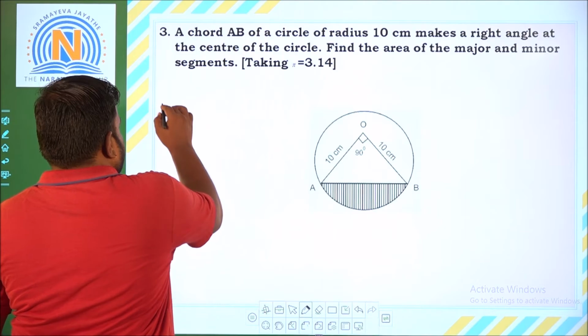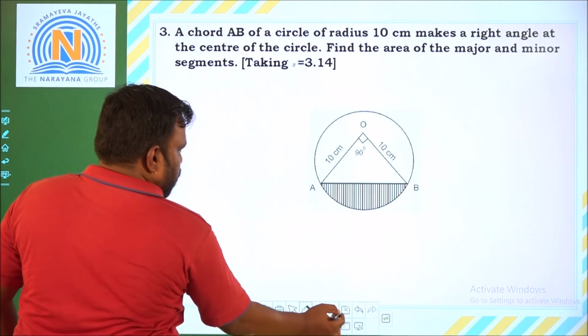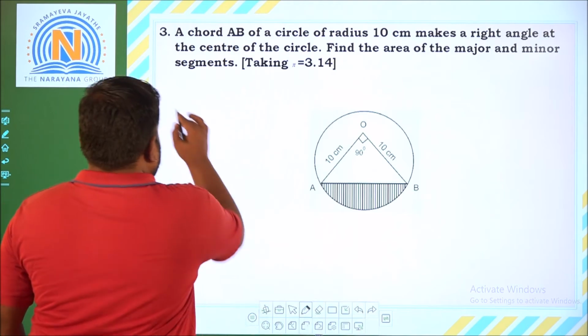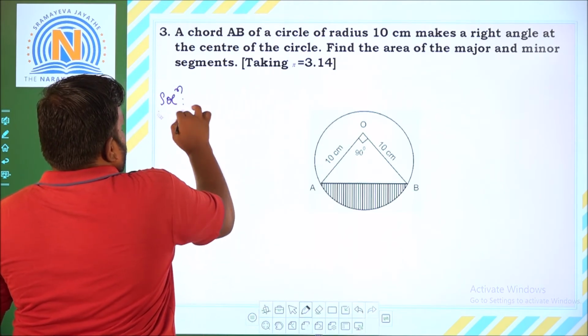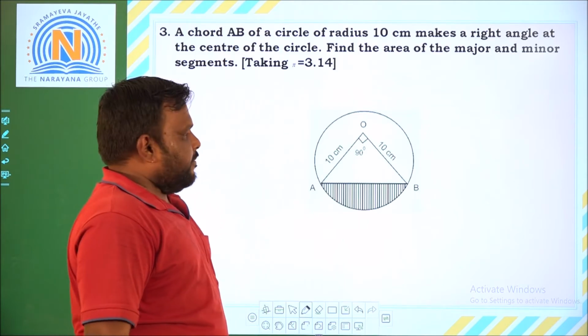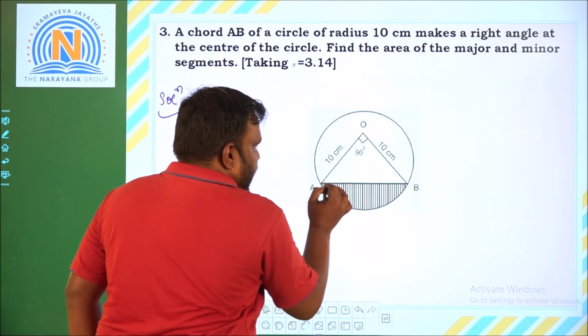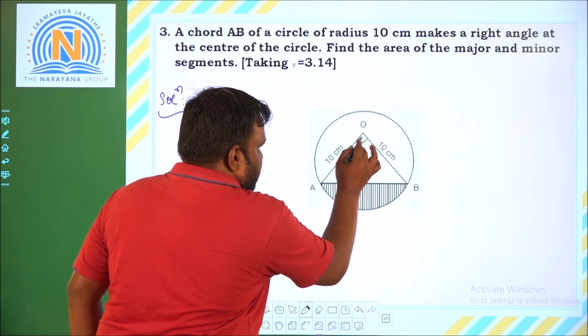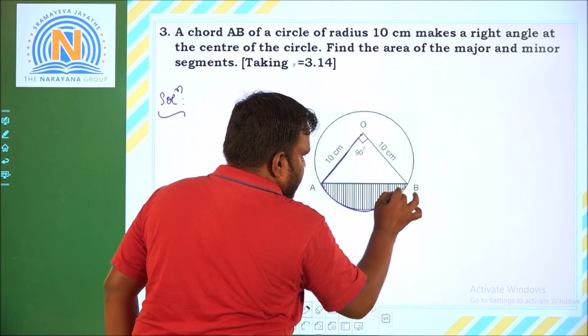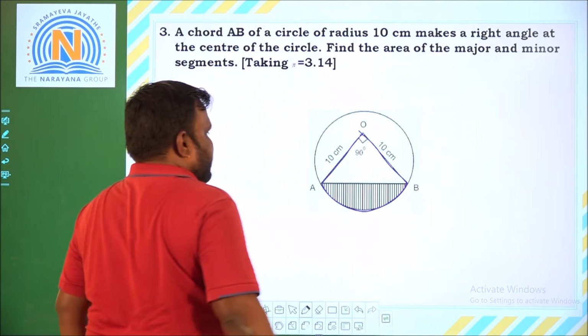So first, when you look at this correctly, to find the minor segment, what I have to do is this: OAB, this complete part from O to here to here, is a sector.